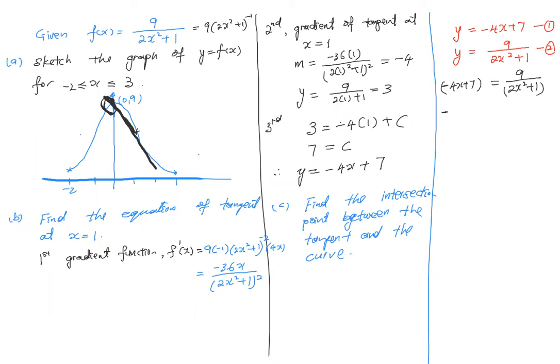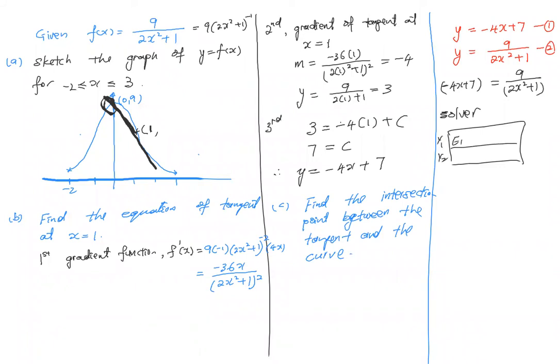Okay, so you expand. If you don't want to do it, you can use solver. So you know that one of your answers will definitely be x equal to 1. And if you look at the graph, when you use your solver, you should try after you key in y1, y2.